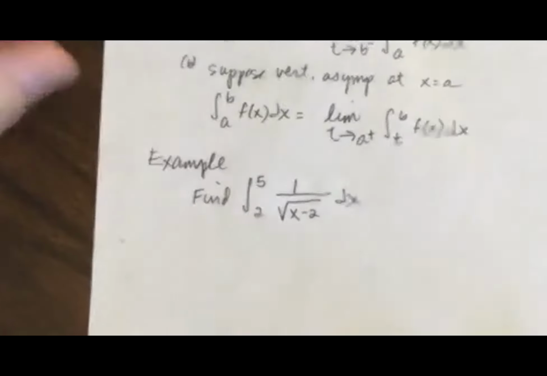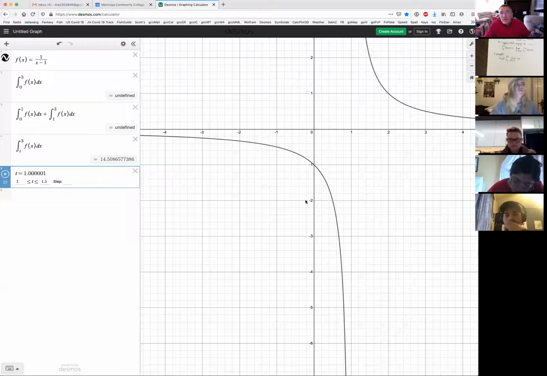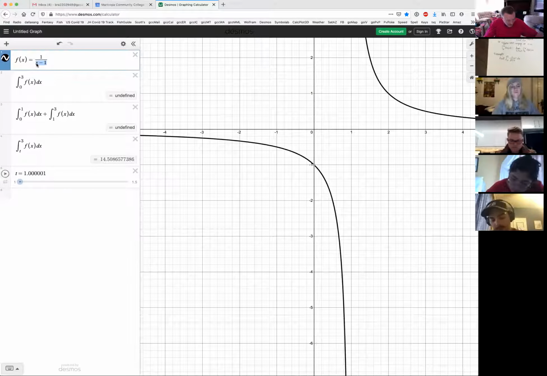So what makes type 2 a little bit harder than type 1 is that there's something going on here that is maybe not jumping out obvious to you. What's going on? Asymptote. Right. In this section, it's not going to be hard to figure out that there's maybe something going on.